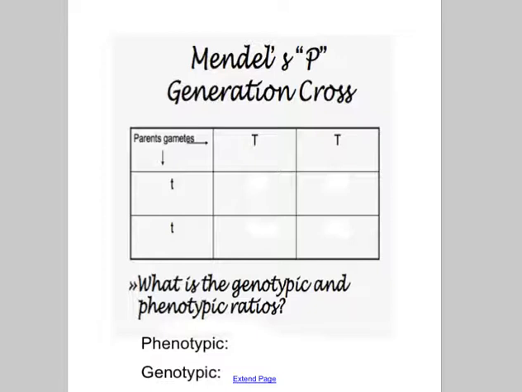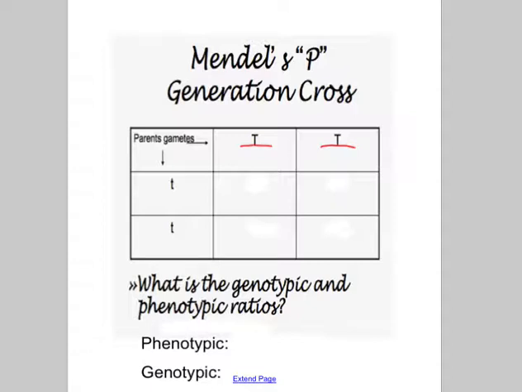And in meiosis, each sex cell only has one allele for a trait. So you'll notice that in each of these boxes you only have one letter. Each of those top boxes represents one gamete from the parents.